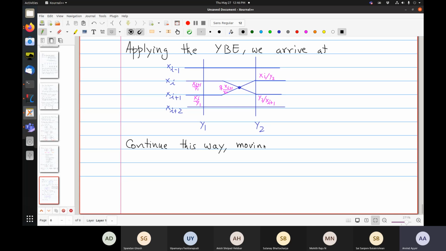Moving the x label column by column, using the Yang-Baxter equation every time until we exit at the right hand side, leaving a configuration like so.